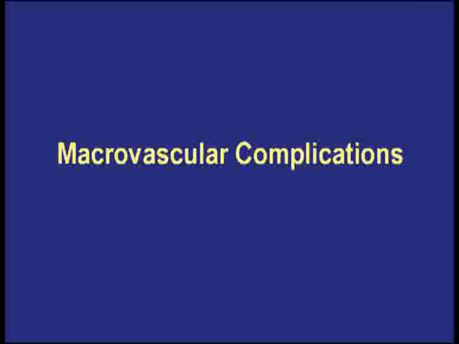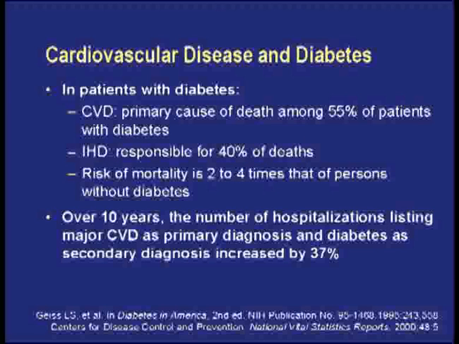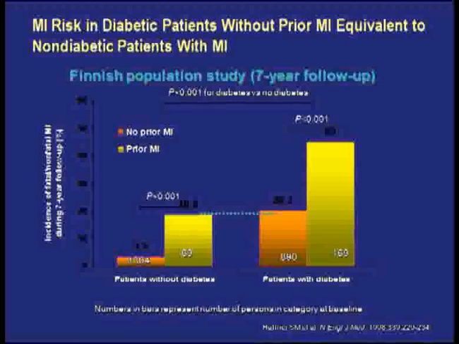Macrovascular complications are very high, and CVD is the primary cause of death among 55% of patients with diabetes. IHD is responsible for 40% of deaths, and the risk of mortality is 2 to 4 times that of persons without diabetes and hypertension. Over 10 years, because of CVD, hospitalization in diabetic hypertensive patients is almost 37% higher than in normal patients.